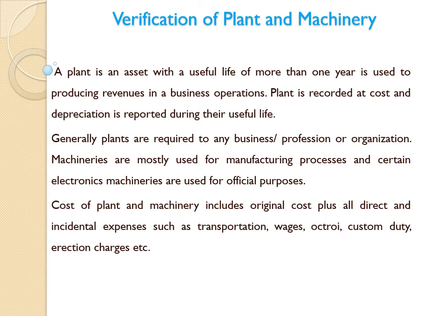Cost of plant and machinery includes original cost plus all direct and incidental expenses such as transportation, wages, octroi, customs duty, erection charges, etc. Erection charges, that is installation charges. It means that these expenditures can be capitalized and treated as capital expenditure.